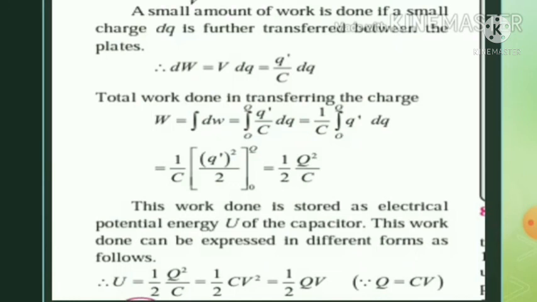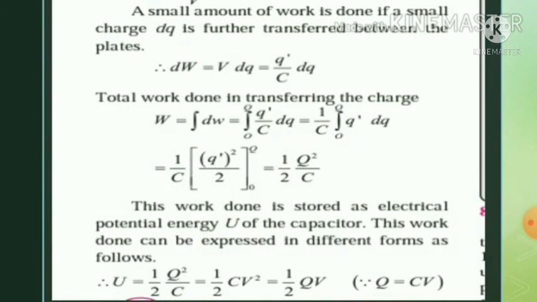Substitute this value in the above required equation, that is U equal to 1 half Q square upon C. Then we can write U equal to 1 half C square V square upon C. Then after simplification, this equation becomes U equal to 1 half C V square.